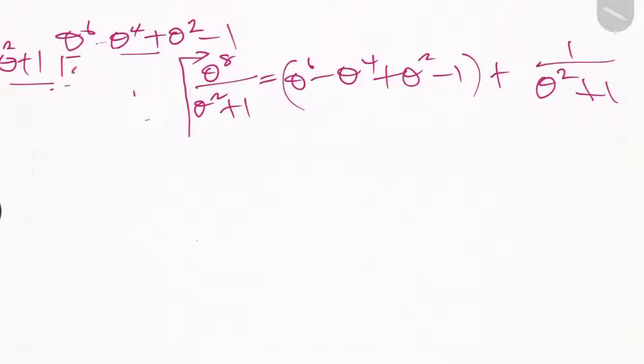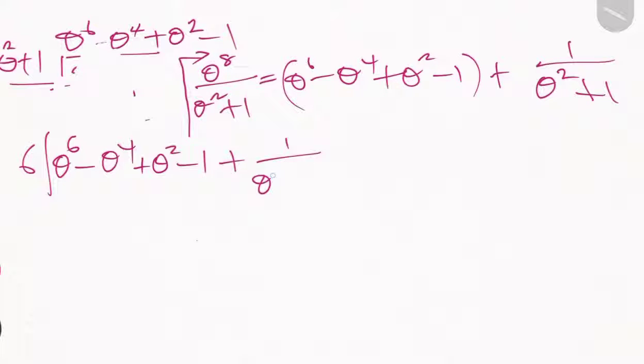So 6, the integral of theta raised to power 6 minus theta raised to power 4 plus theta raised to power 2, then minus 1 plus 1 over theta raised to power 2 plus 1, then d theta. All right.